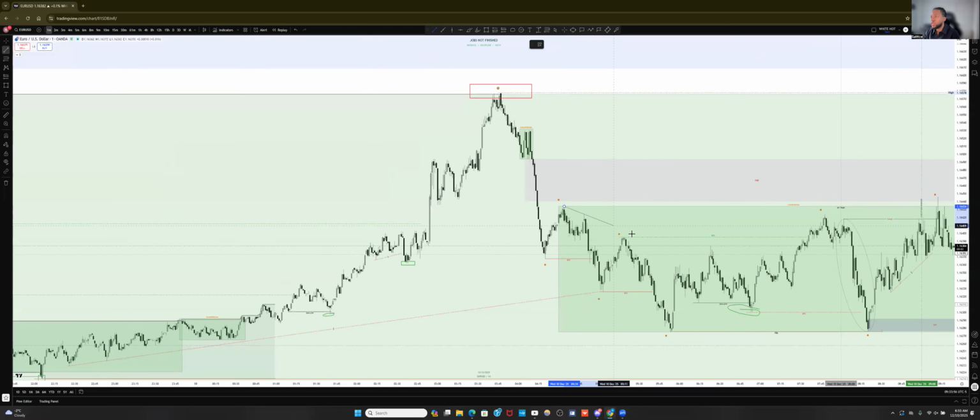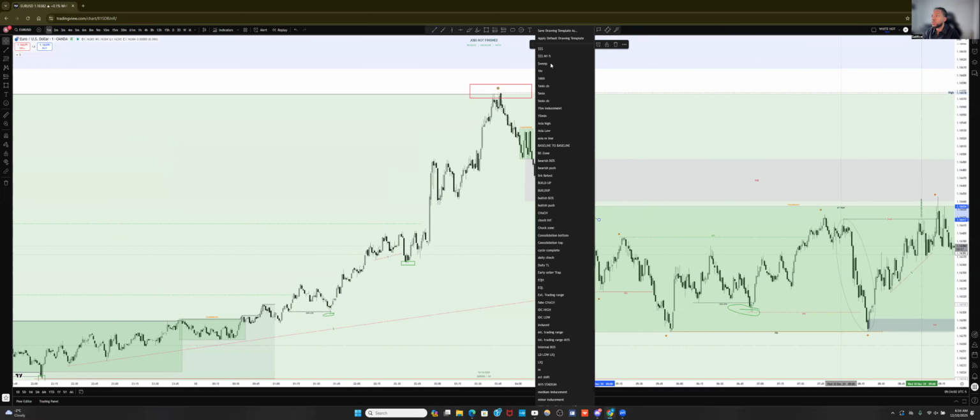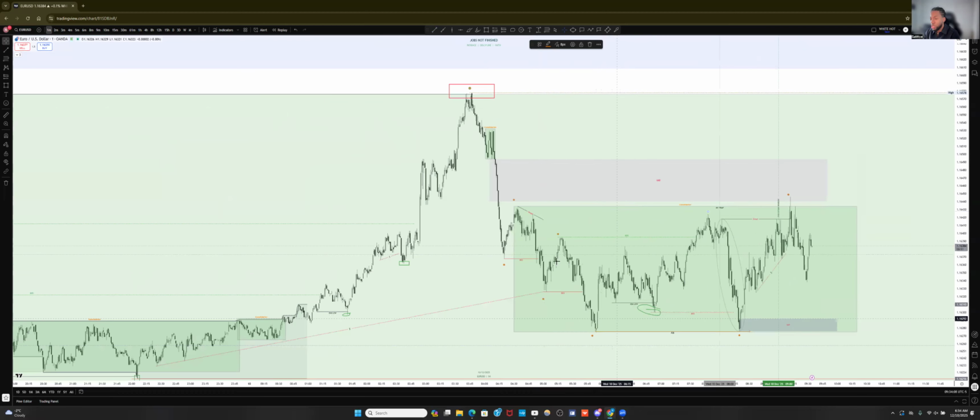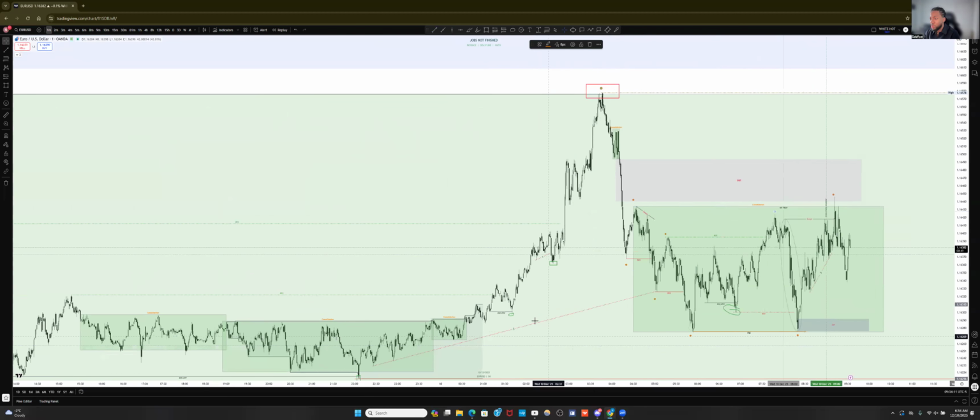We can see sellers keeping control. We have this trend line that was later swept by the buyers' push because the buyers began taking control to the downside right around this range. Once price came in, reacted from this order block.